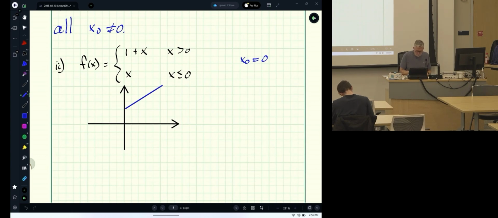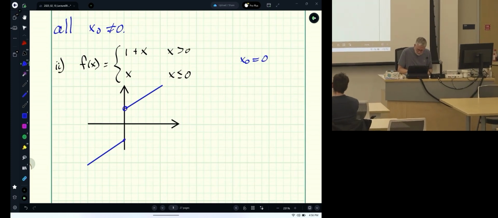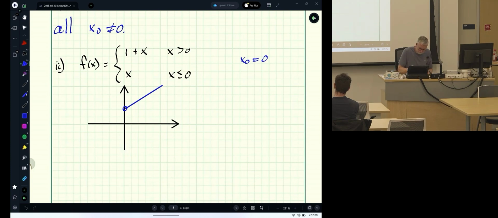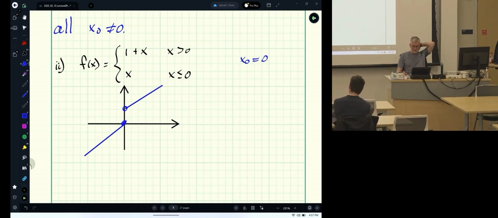There's one side of it. There's the other side, parallel. This is excluded, and this is, whoops, this one is in the wrong spot. You guys were being too nice to me. Okay, so that's what the function looks like.